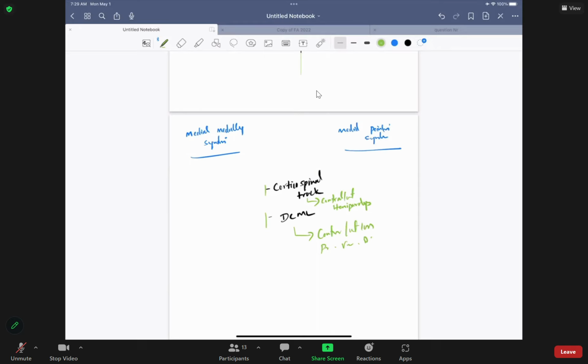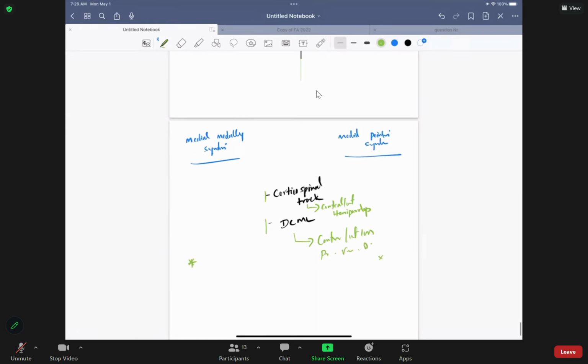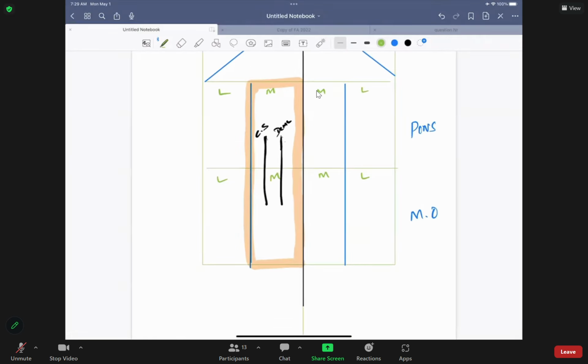Agree, folks? Now we need to come up with a unique finding for medial medulla and medial pons to tell which level you have the problem. Is that crystal clear, folks? Now, the unique finding for medial medullary, here you have cranial nerve number 12. Write that down.